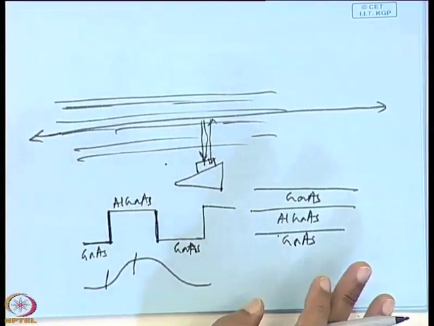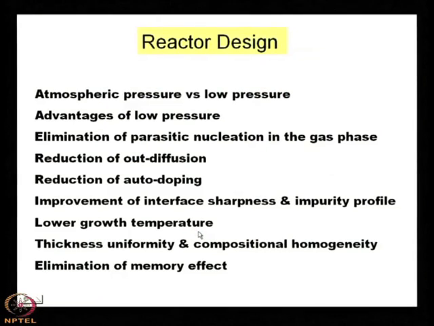So, those things will be there and there will be smearing of the interface. It will not be a step profile like the picture. And lower growth temperature, thickness uniformity and compositional homogeneity, elimination of memory effect. He has asked me that he could not understand memory effect. Okay.